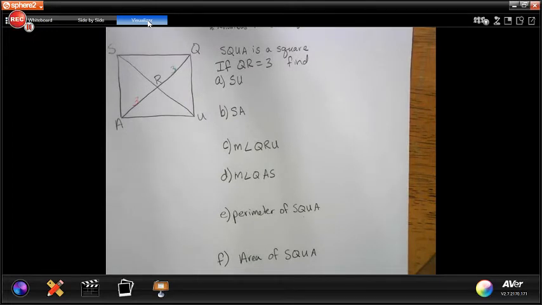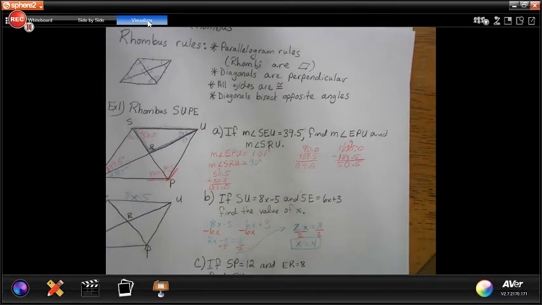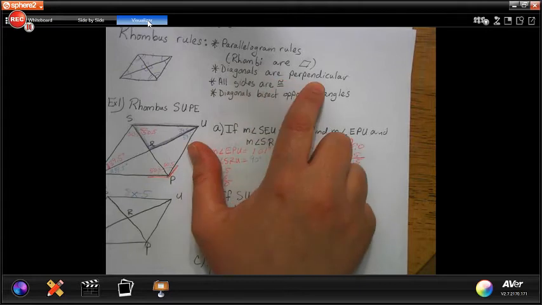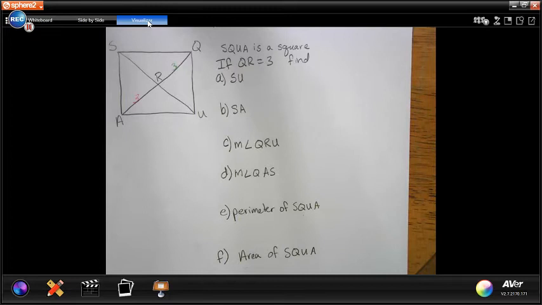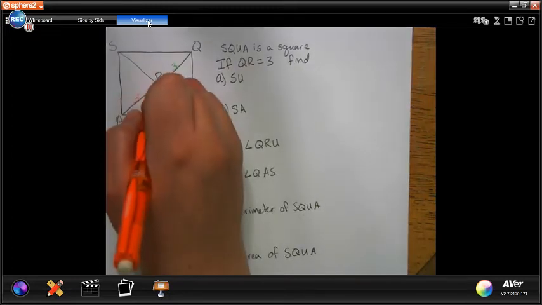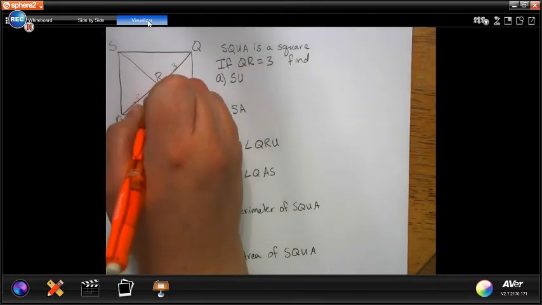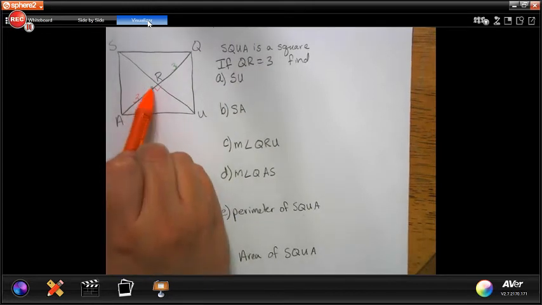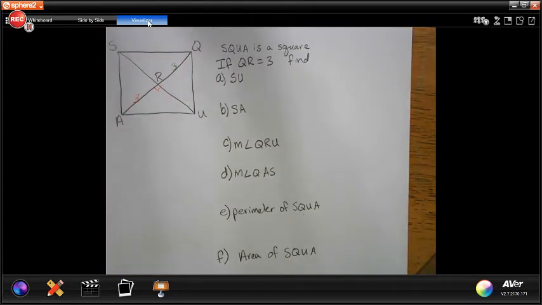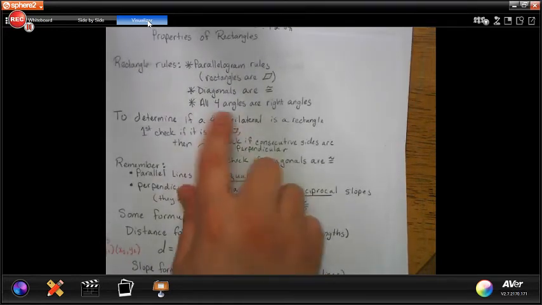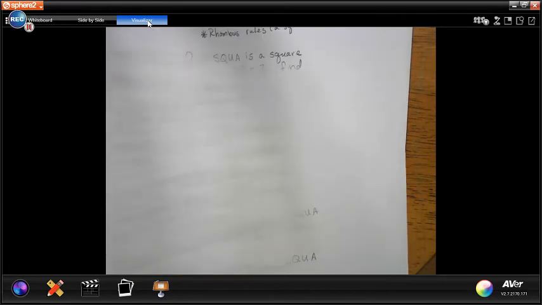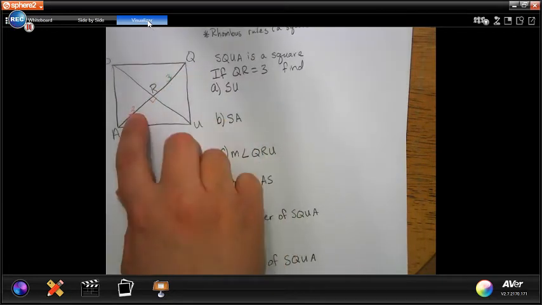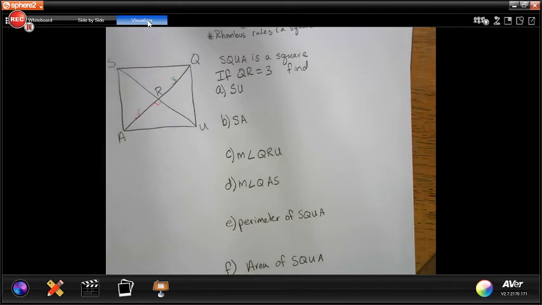We also know from a rhombus that the diagonals are perpendicular. That means the diagonals make 90-degree angles. So we'll have a 90-degree angle here. All 4 angles here are 90 degrees. And then on a rectangle, the diagonals are congruent, which means the diagonals are equal. So if this diagonal is 3 and 3, then this diagonal is 3 and 3 as well.